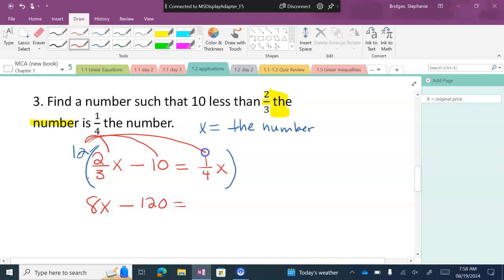And then we want to multiply 12 times 1/4. How many times does 4 go into 12? 3. Okay, so 4 disappears. That 3's left. 3 times 1 times x is just 3x. Okay, keep going. Finish solving this equation. Let's figure out what that number is.